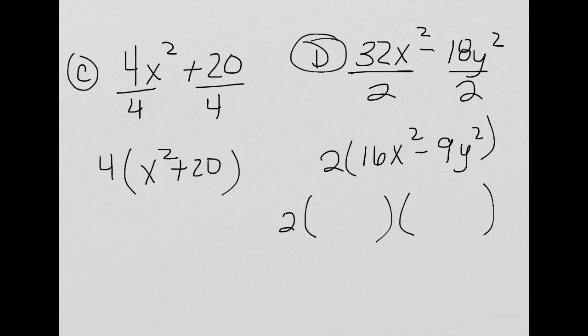Is it a subtraction problem? Yes, it is. So I'm going to do a plus and a minus. The square root of 16 is 4, and the square root of x squared is x. The square root of 9 is 3, and the square root of y squared is y. And so I'm now done factoring.